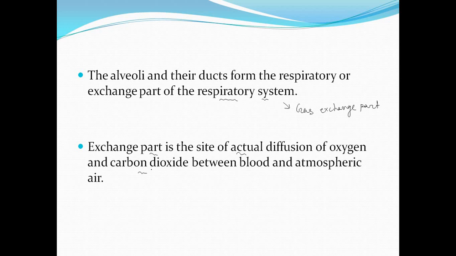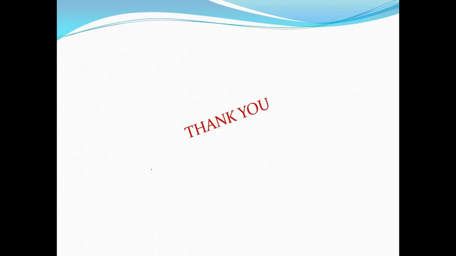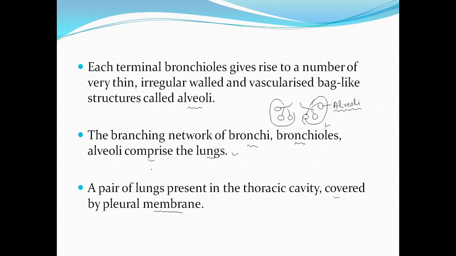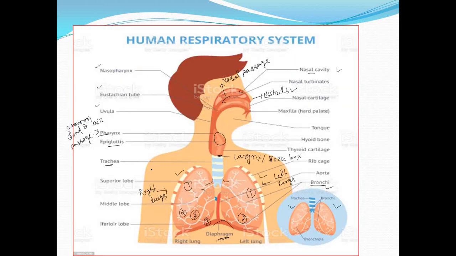This is all about the respiratory system of humans. I already told you that it consists of two parts: the air conducting part and the gas exchange part. The gas exchange part comprises the alveoli and lungs, and the gas exchange occurs through the process of diffusion between blood and atmosphere. I have given the diagram here.